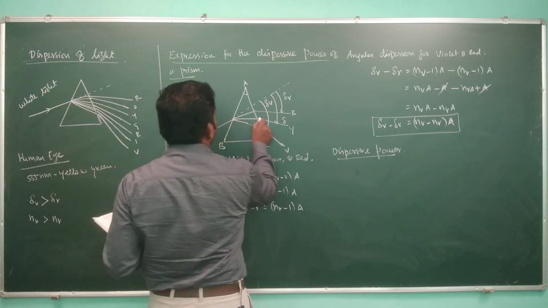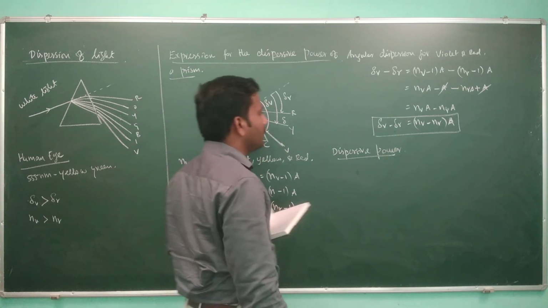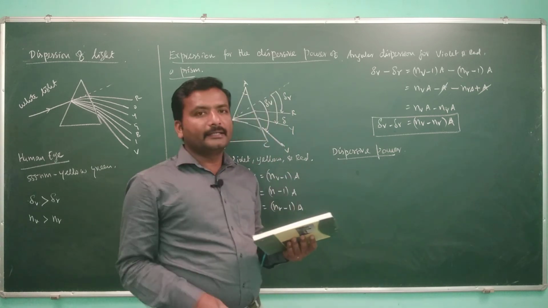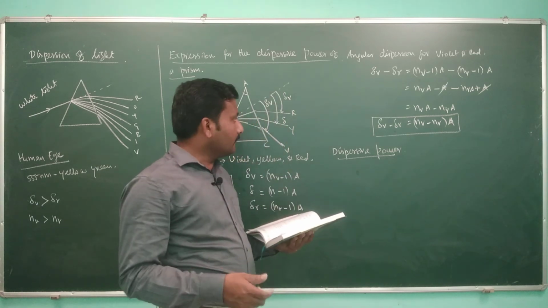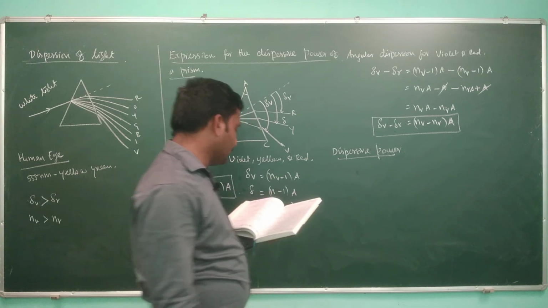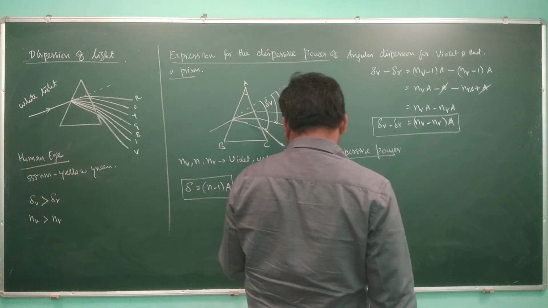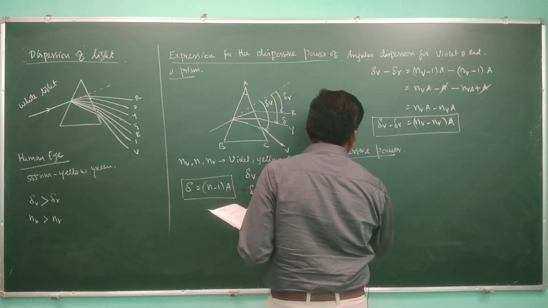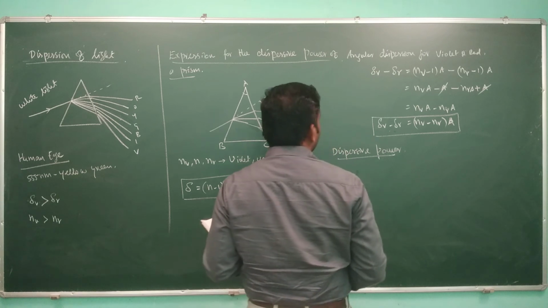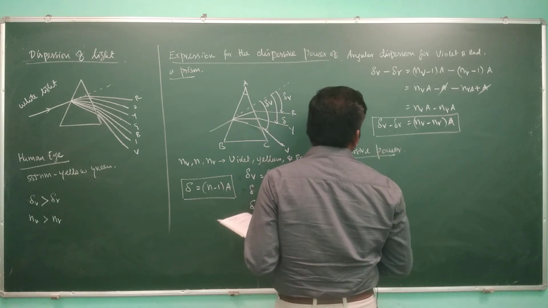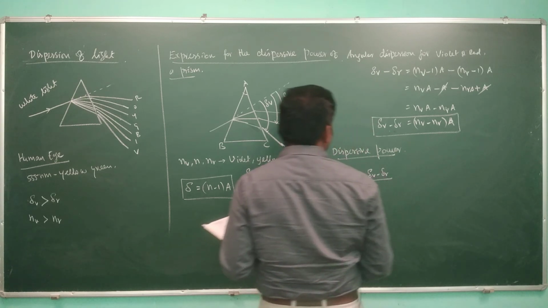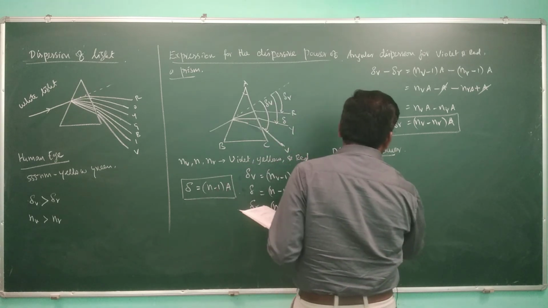Here the deviation of the mean ray is delta. So it is the ratio between the angular dispersion of two colors and the deviation of the mean ray. In that case, dispersive power is the angular dispersion of the two rays, here delta V minus delta R, divided by the deviation of the mean ray delta.